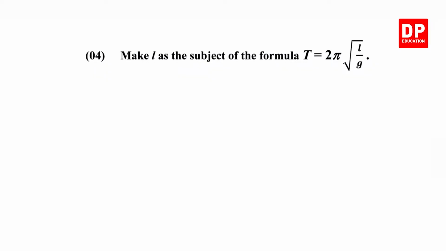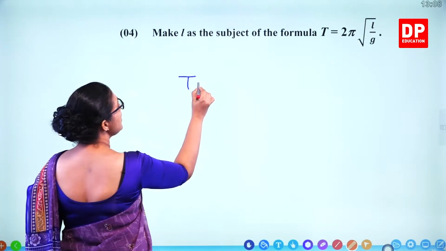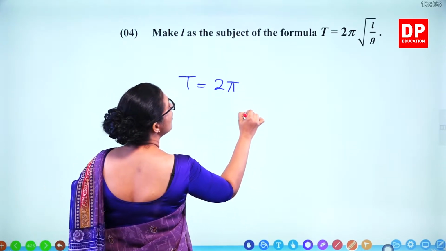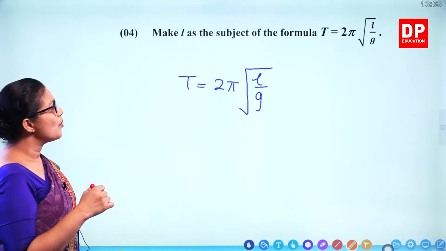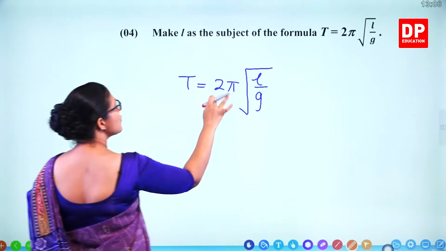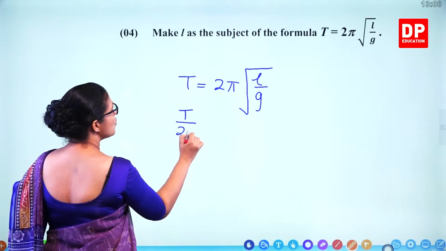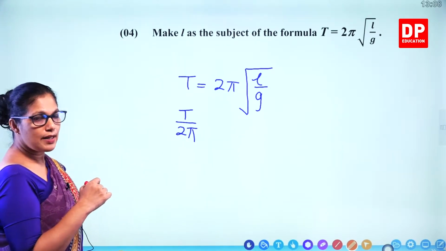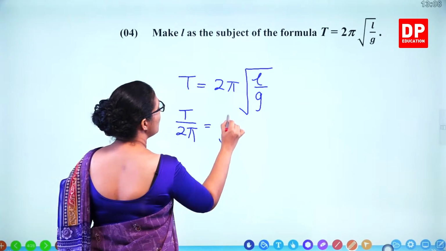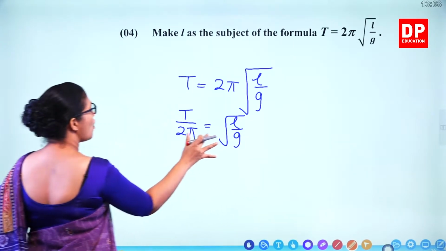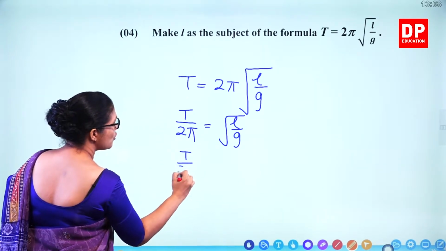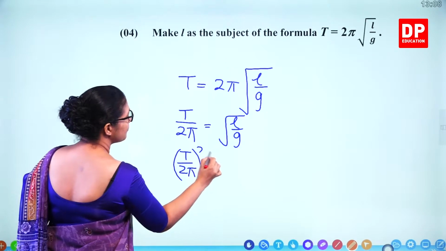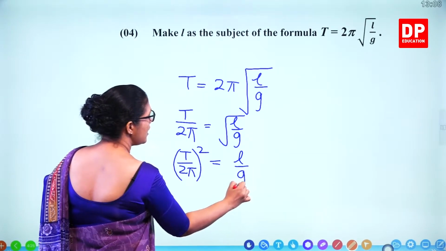Question number 4. Make L the subject of the formula. T equals 2 pi square root of L over G. So L is inside the square root. So first we can divide by 2 pi. Then you get the square root of L over G. Now you need to square it to get L. So T over 2 pi, squared, becomes L over G. So what is L?